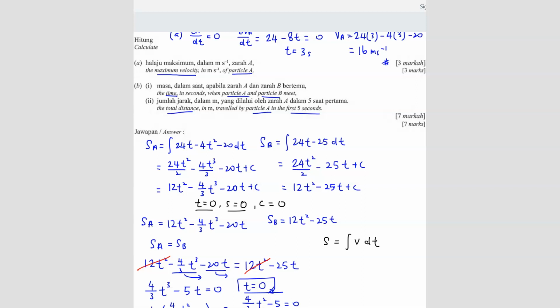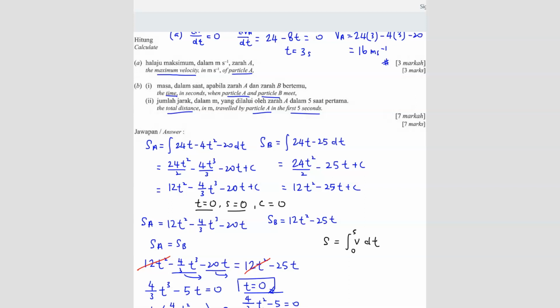But the problem is, if you straight away put in from 0 to 5, the first 5 seconds, you will get the wrong answer, because certain parts of the graph are positive and certain parts are negative. If you put the whole thing, you will end up subtracting the two parts.